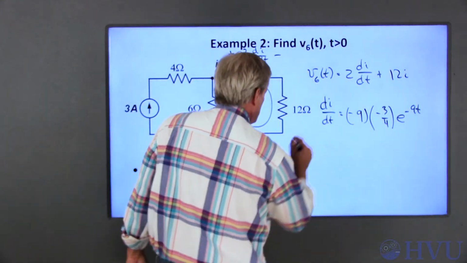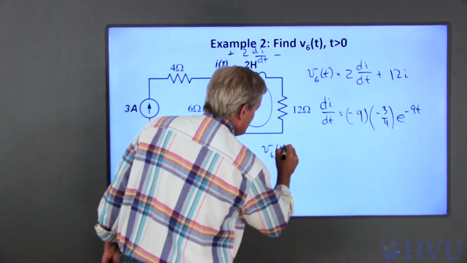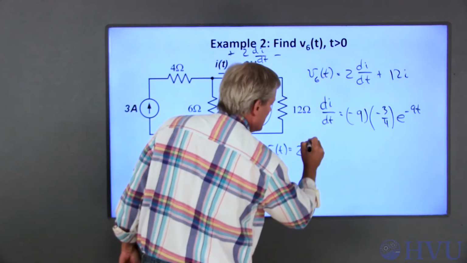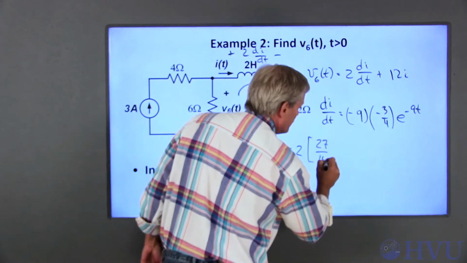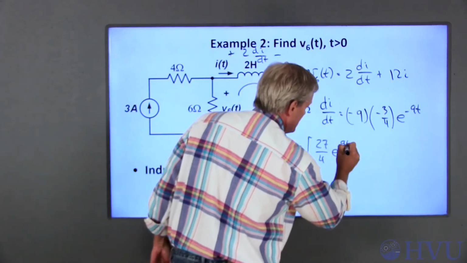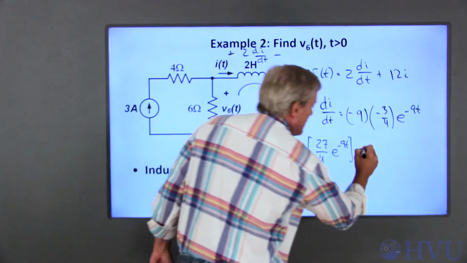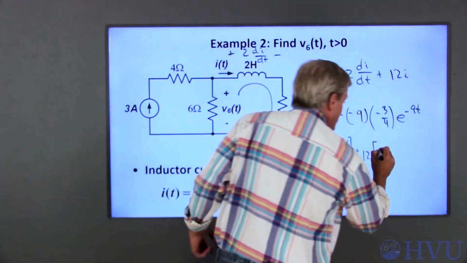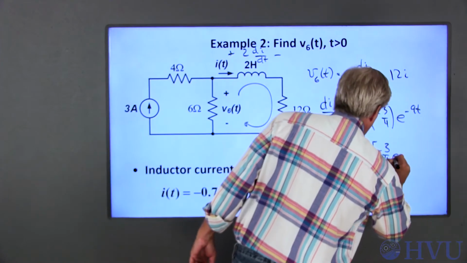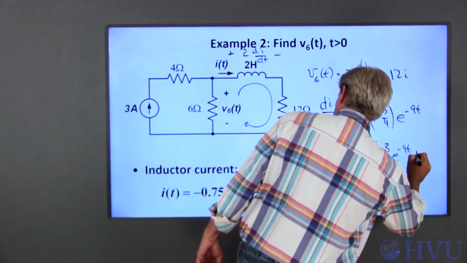Now if I plug this in here, V6(t) is equal to 2 times positive 27 over 4 e to the minus 9t plus 12 times i, which is just negative 3 over 4 e to the minus 9t plus 1.